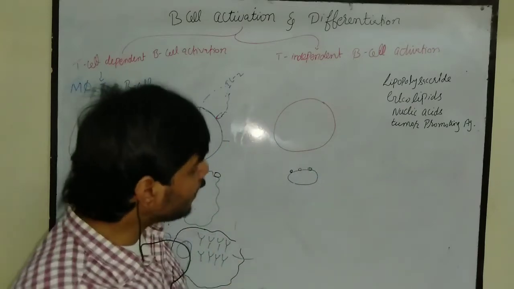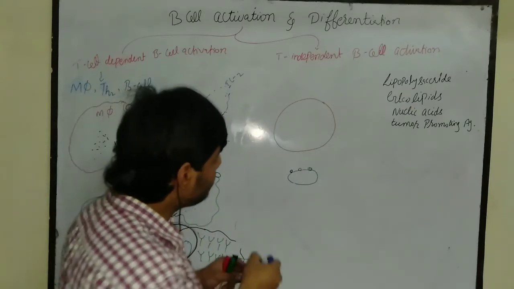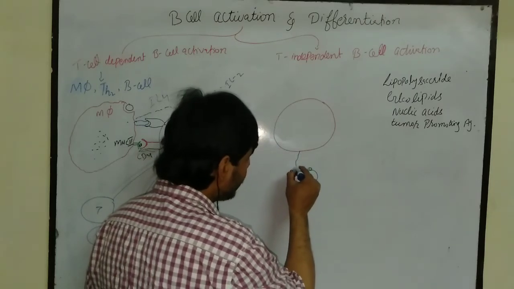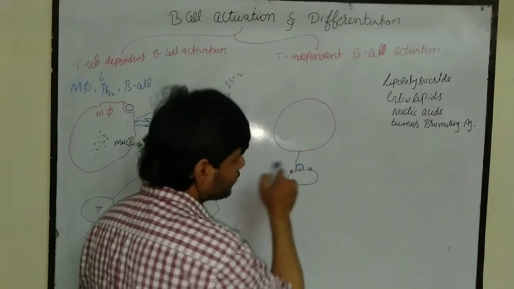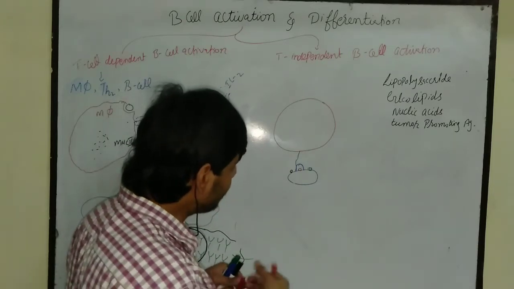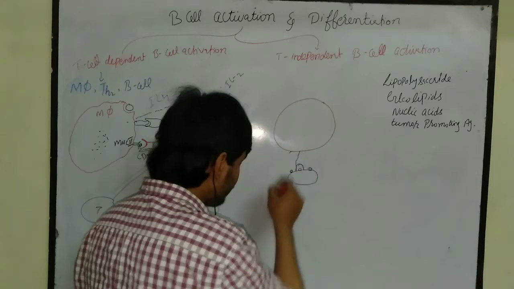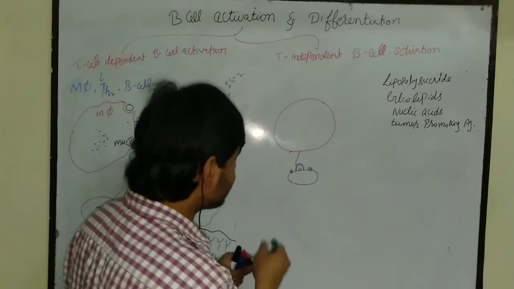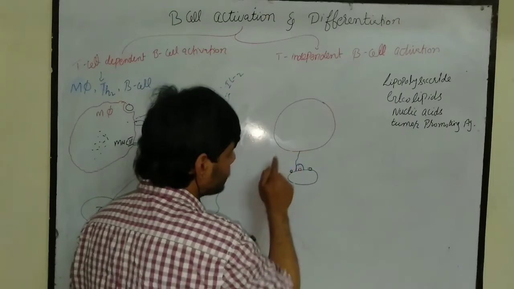So then what happened? The B cell receptor will come in contact and recognize this antigen, and sometimes this B cell also has the toll-like receptor. If you guys remember, we already explained the toll-like receptor.